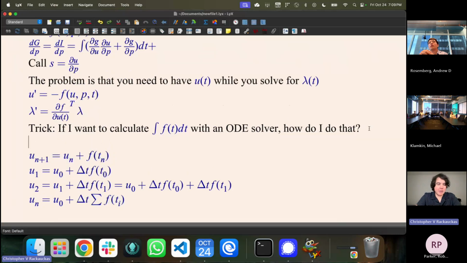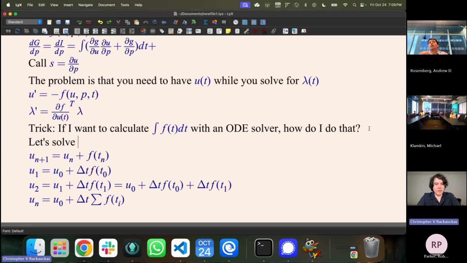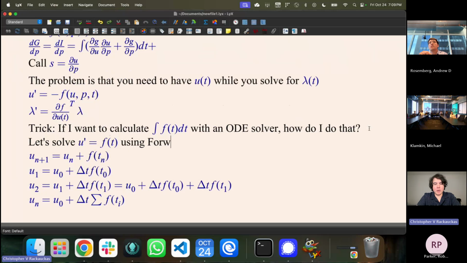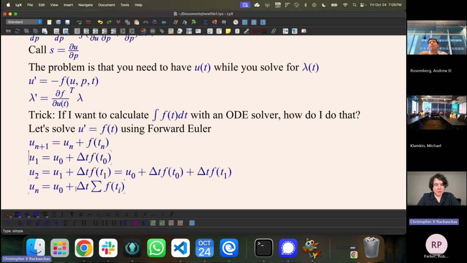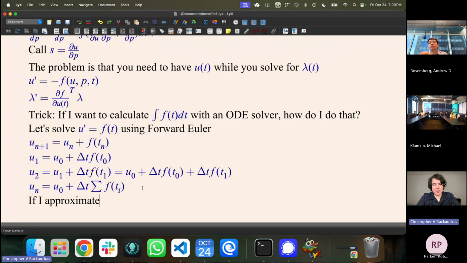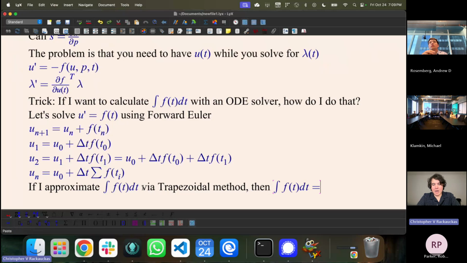Well, okay. So let me actually. Oh, I think I forgot to say a step. So let's solve u prime equals f of t using forward Euler, right? If we do this with forward Euler, what you actually see is that this is what you get out, right? And if I approximate this integral via trapezoidal method, then what I have is this, right?